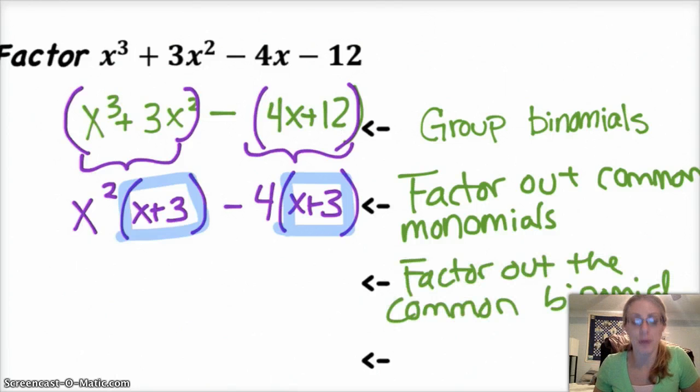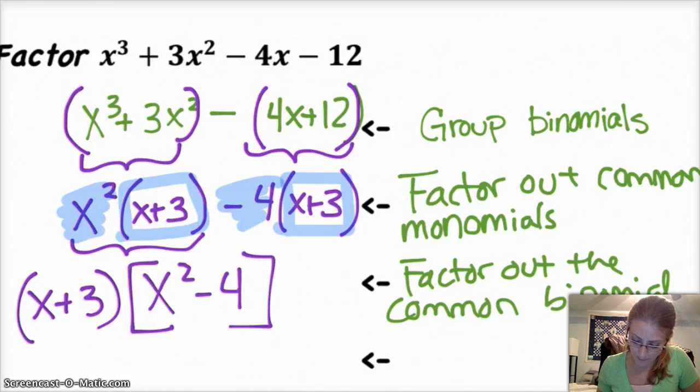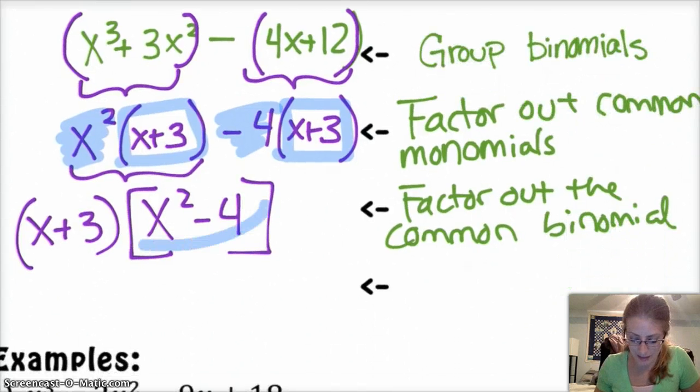When I pull out an x plus 3 from the first term, what I'm left with on the inside is that x squared and that minus 4. So now I have x plus 3 times x squared minus 4. And now if you can factor anything else, then you keep going.